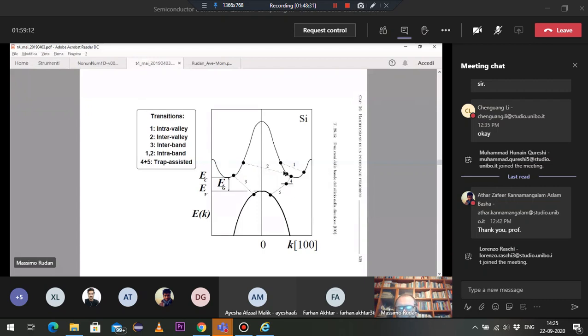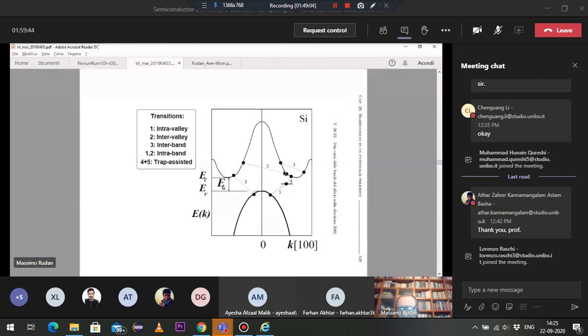So what happens if you take the expansion of a function near the minimum? You have, first of all, the constant that is the value in the minimum, for instance, EC in the conduction band. Then you have the terms of first order in the expansion, but they are zero because you are considering the expansion near the minimum. So the first derivatives of the function at the minimum are zero.